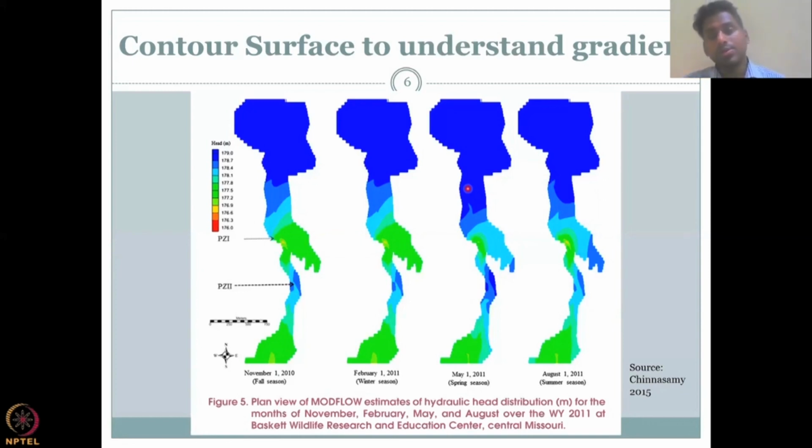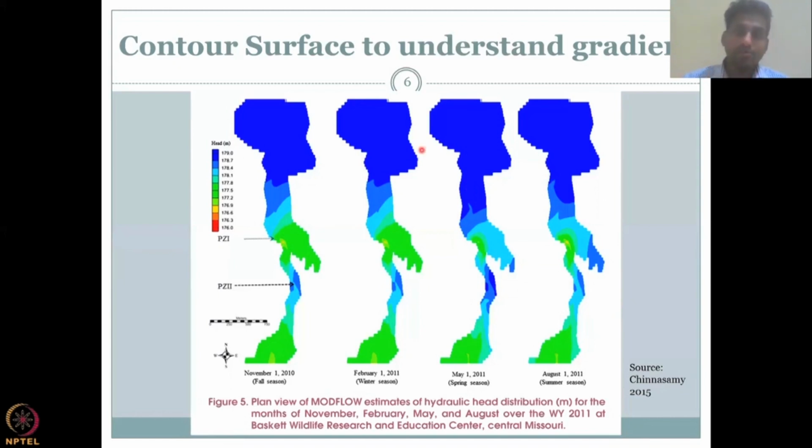There are multiple interpolation techniques to get groundwater into a surface. We will not discuss that fully because that is beyond the scope, but I would recommend you use the IDW method, the inverse distance weighted method, so that it can capture the groundwater within a radius.